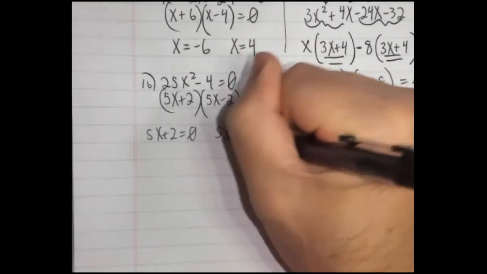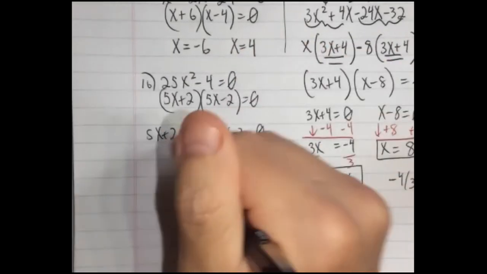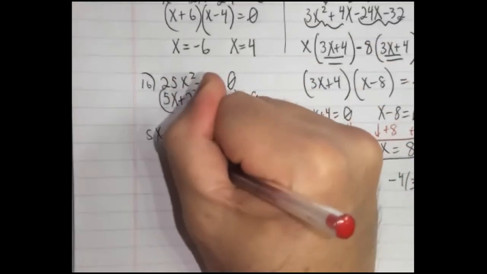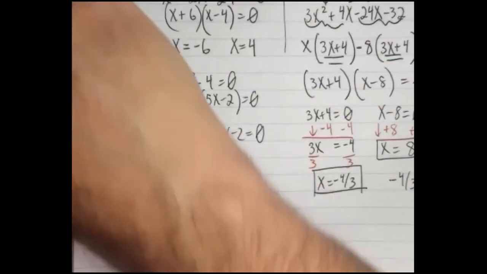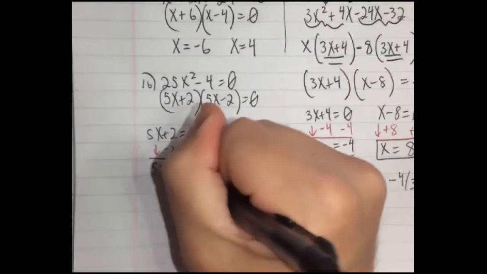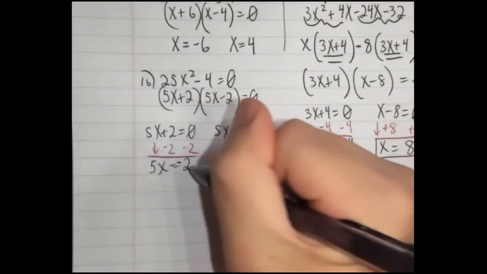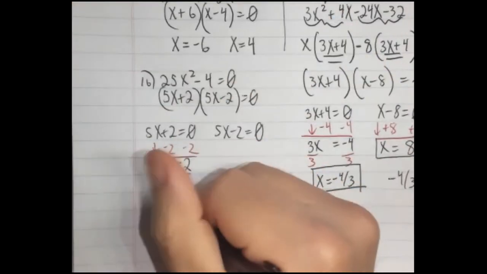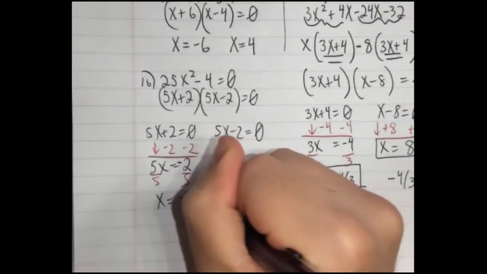They're going to be two-step algebra equations. Work it all the way out. Subtract 2 from both sides first. 5x equals negative 2. Divide by 5, divide by 5. So the first one is going to be x equals negative 2 over 5.